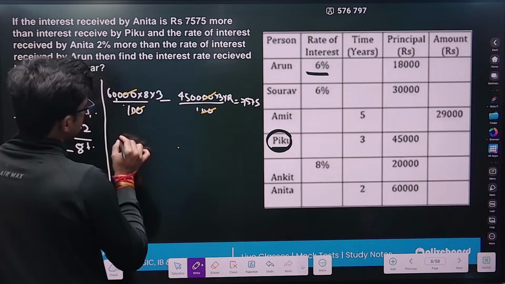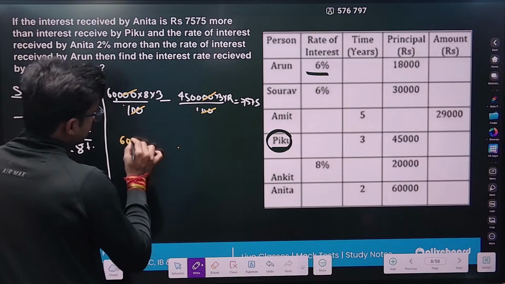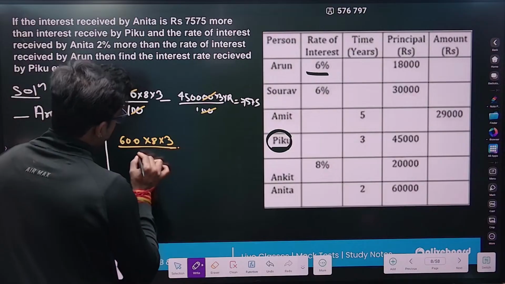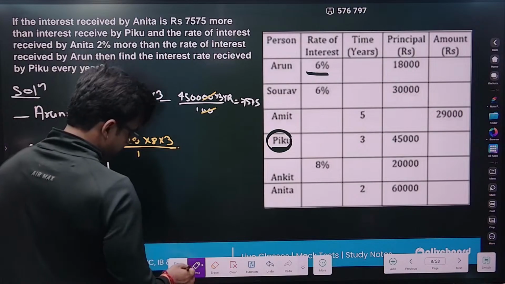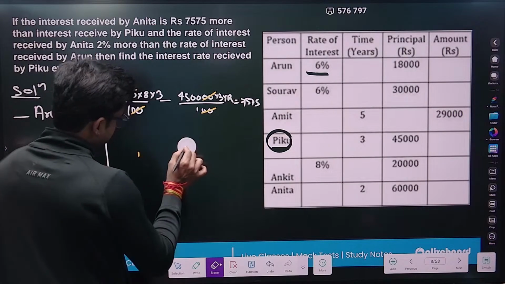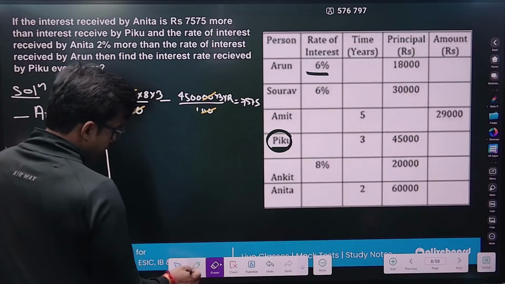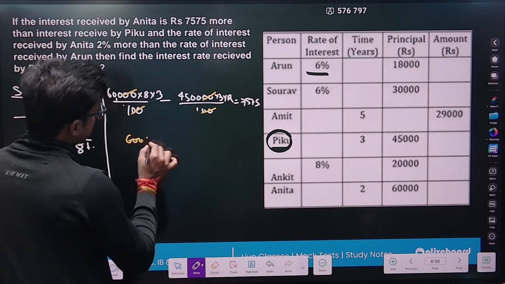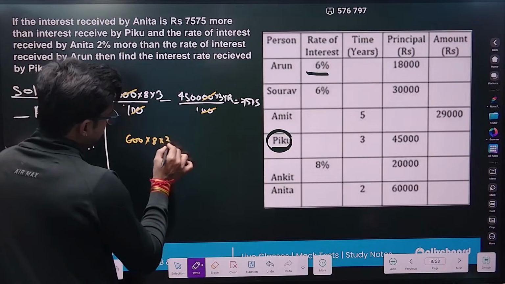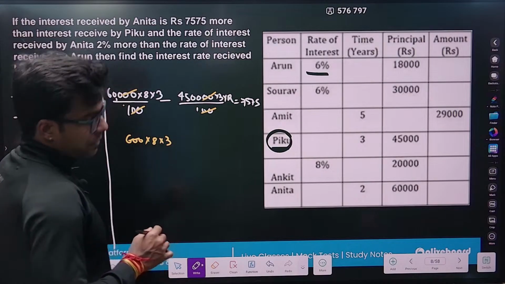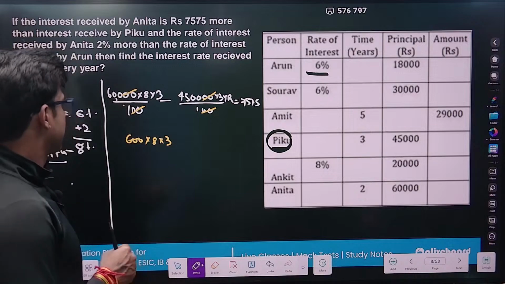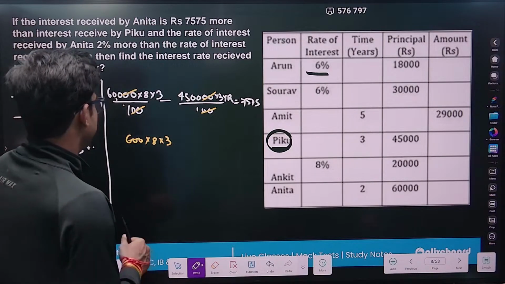So 600 into 8 into 3. 600 into 8 into 3 will become how much? 9600.